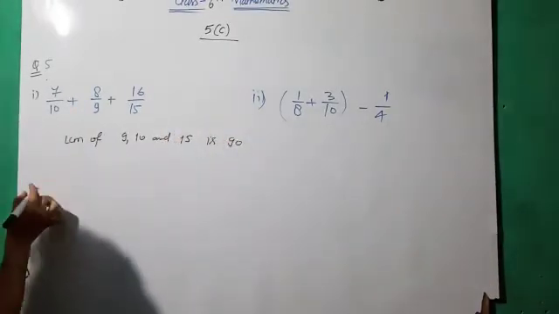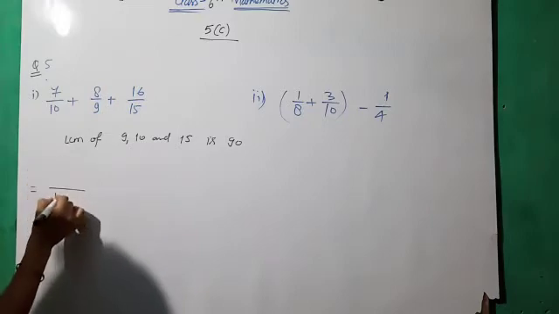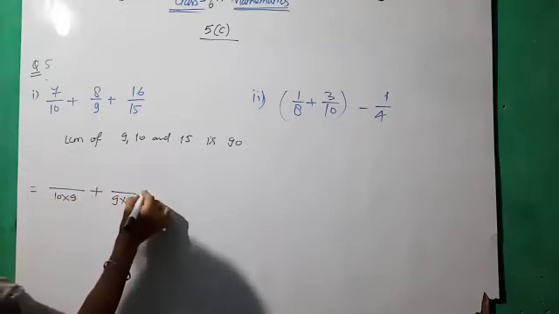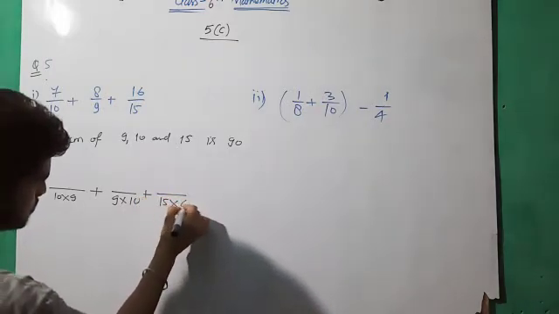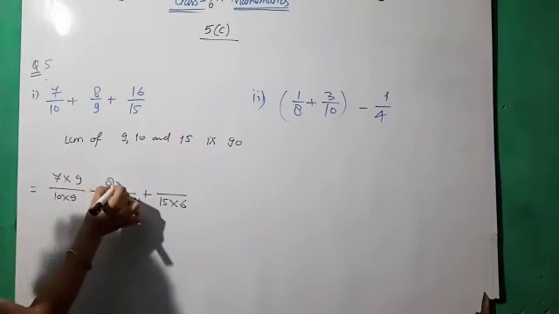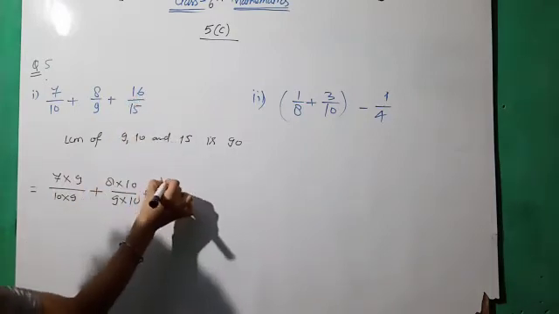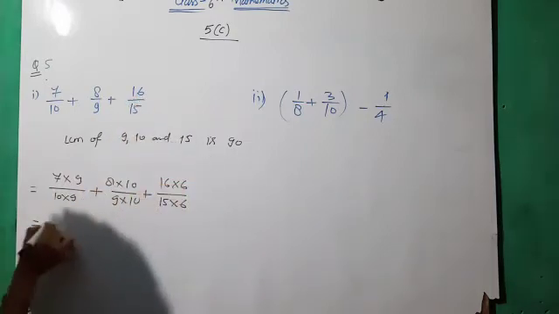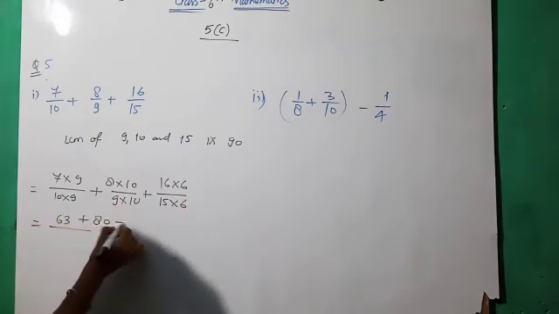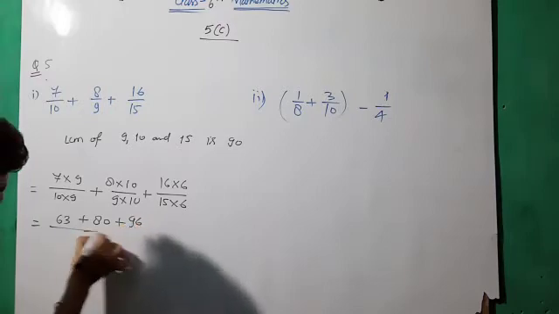So for 90, we have to multiply 10 with 9, 9 with 10 and 15 with 6. Similarly, in the numerator we multiply 7 into 9, 8 into 10 and 16 into 6. 7 9s are 63 plus 8 into 10 is 80 plus 16 into 6 is 96.